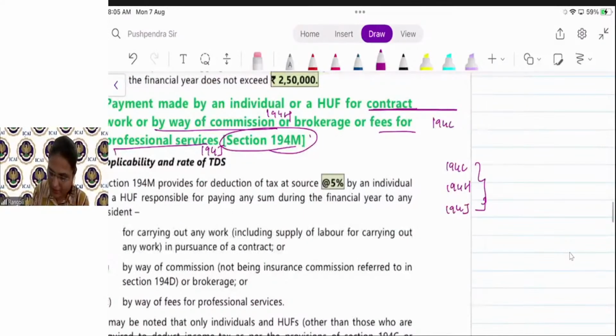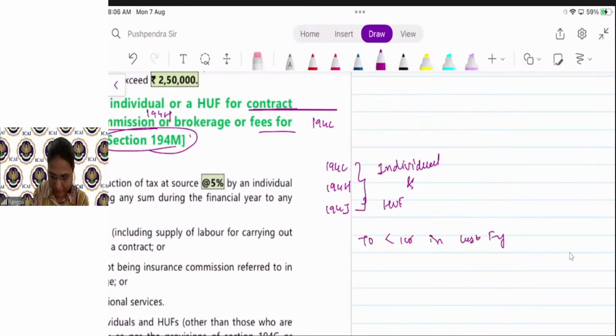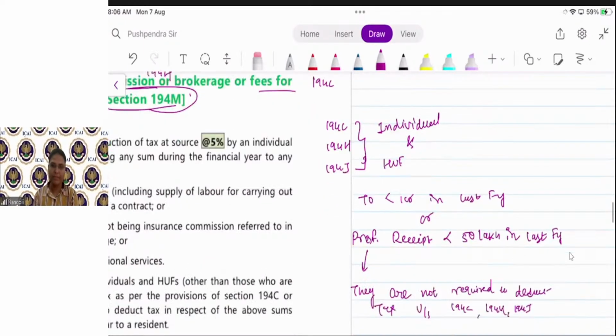And in this section we have studied that individual and HUF whose turnover is less than 1 crore in last financial year, or professional receipt less than 50 lakh in last financial year, then they are not required to deduct tax under section 194C, 194H, and 194J. Everyone clear with this?